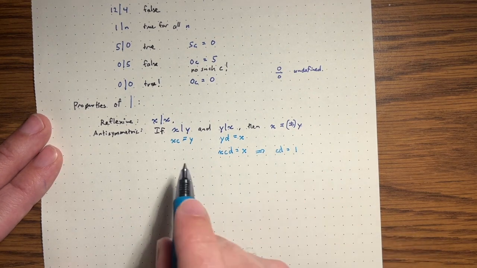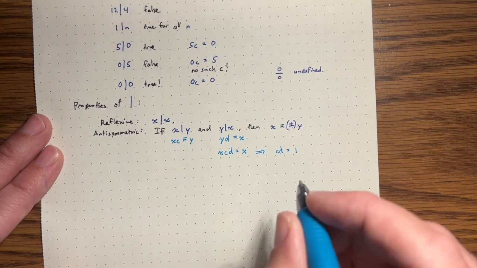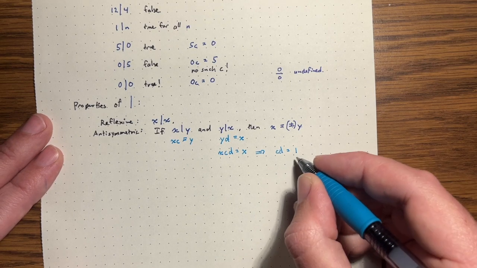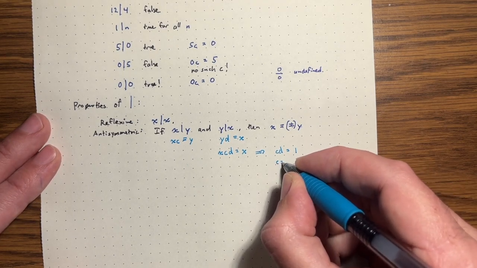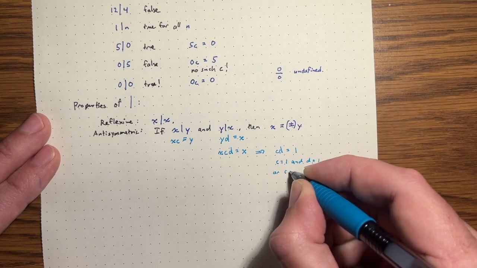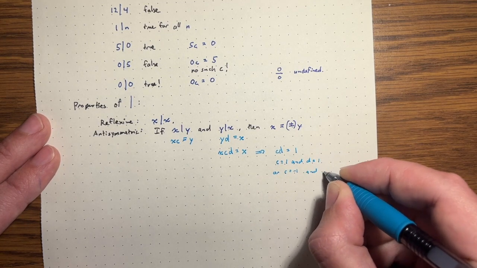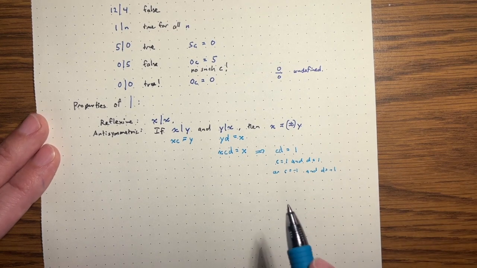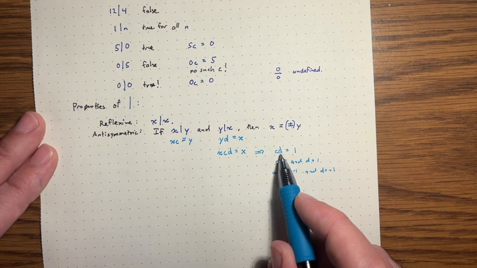What does that mean? First of all, there are two ways that CD could be the number 1. We could have C equals 1 and D equals 1, or C equals -1 and D equals -1. Why can't I have C equals 3 and D equals 1/3?